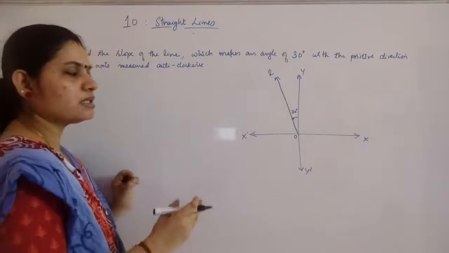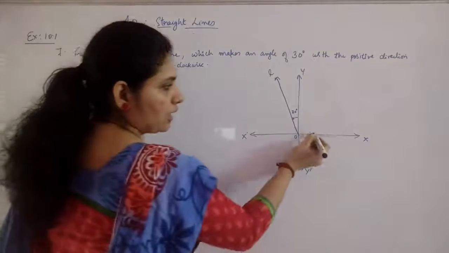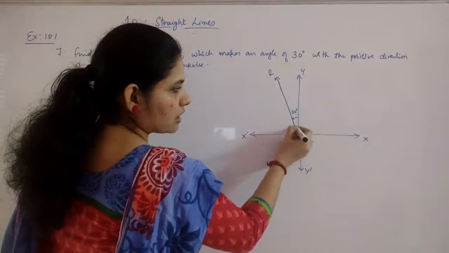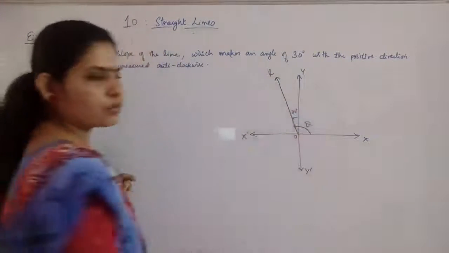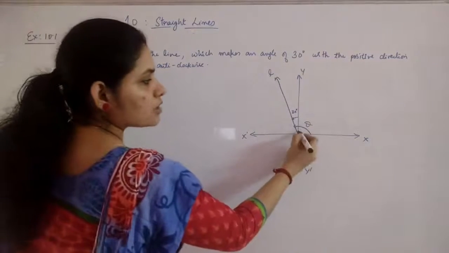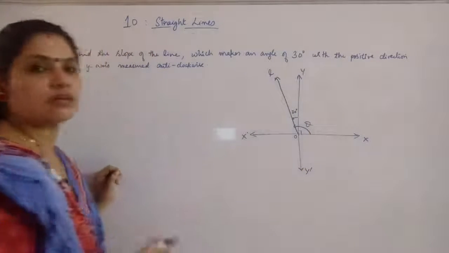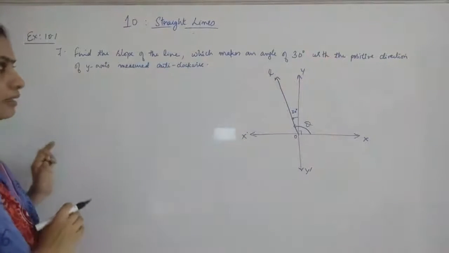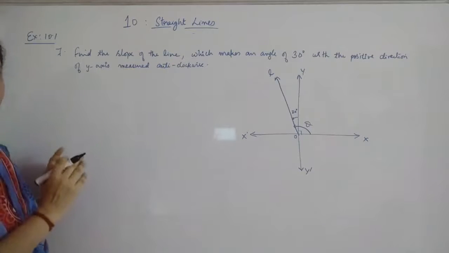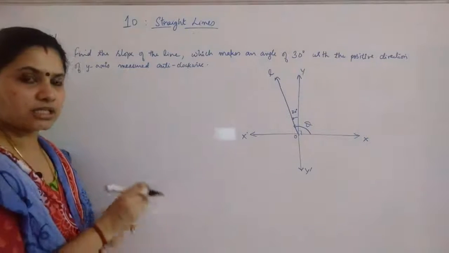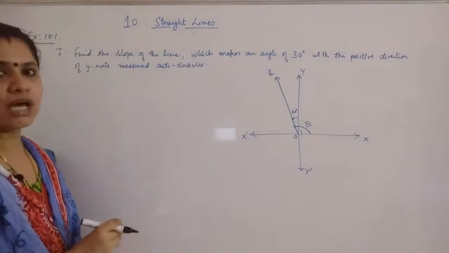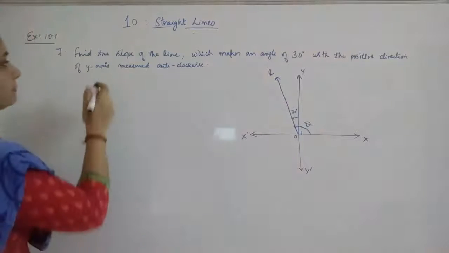And what is our purpose? To get the inclination. That will be from the positive x-axis to the line, that theta which is required. Now what will be that theta? This much is 90 and this is 30, so that will be 120. So the angle of inclination is 120 degree. And what is slope? Slope is tan of that inclination, that is tan 120 will give you the answer of the slope. Okay.